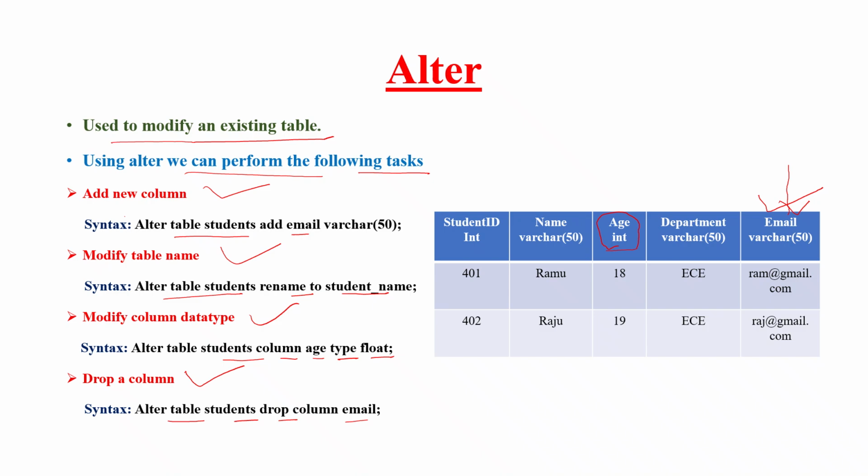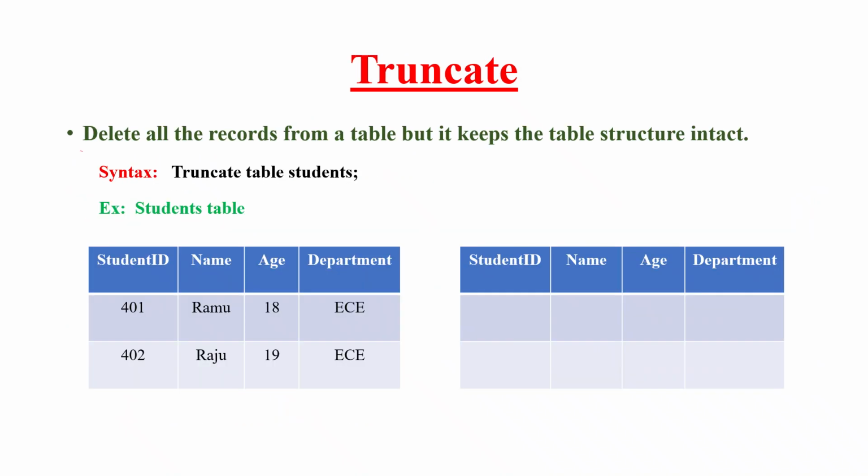Now let's move on to truncate. Truncate command is used to delete all the records from a table, but it keeps the table structure. The syntax for the truncate command is truncate table students. Here students is the table name. This students table contains 4 columns: student ID, name, age, department, along with the data.